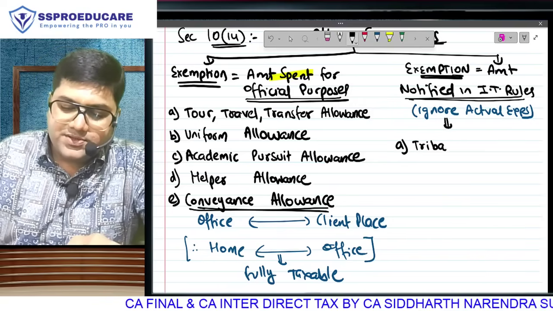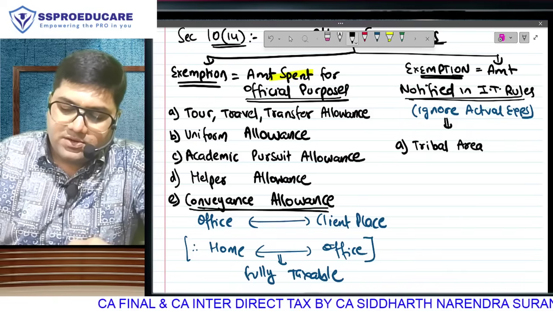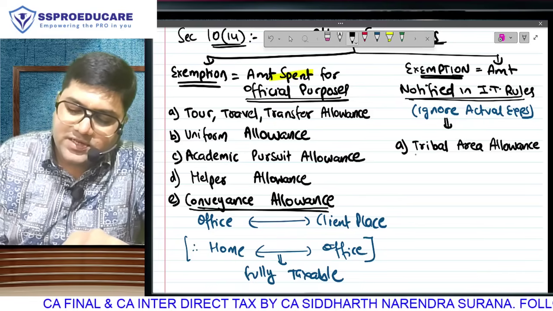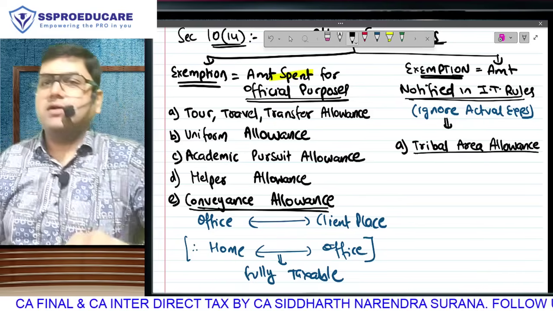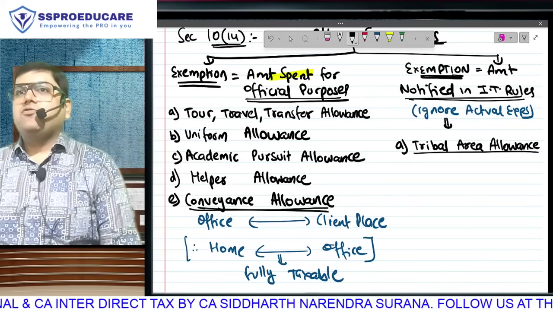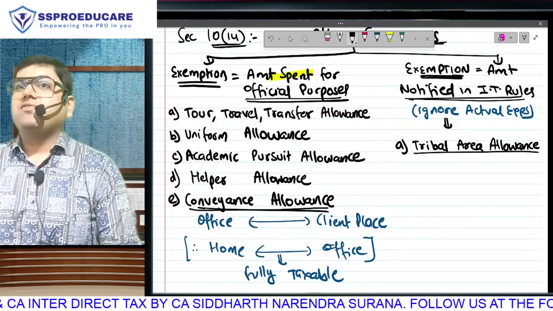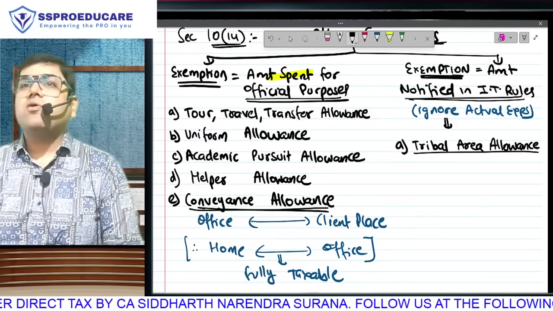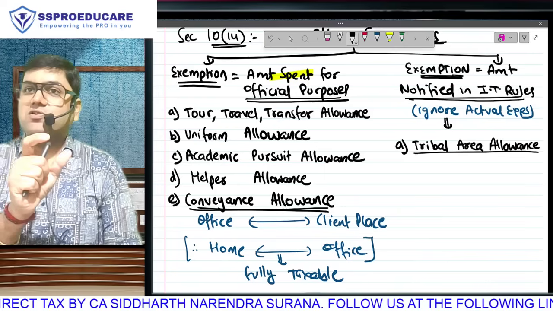If your employer is giving you something called tribal area allowance, you see how names of allowances are self-explanatory. Within the name, you can understand for what purpose this is being given to you. House rent allowance, tiffin allowance, transport allowance, travel allowance, conveyance allowance. Your boss can add the word allowance in front of anything and give you money.